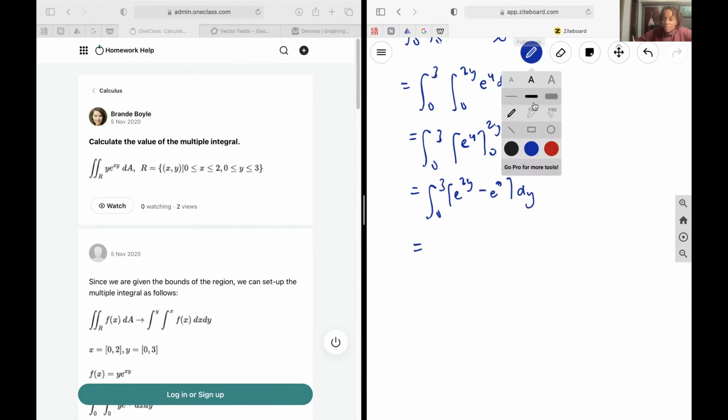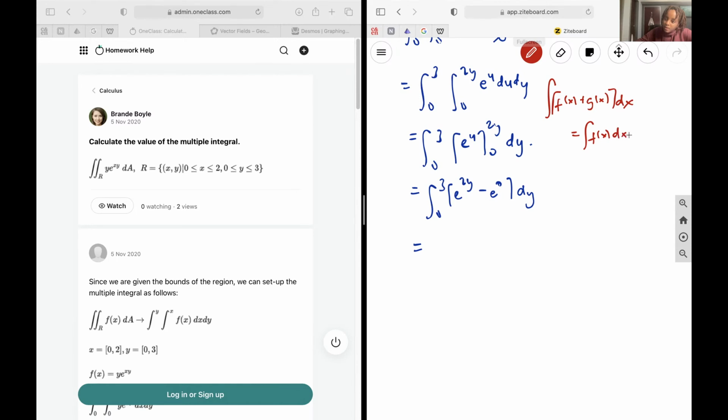We can now split this integral because of the rule that the integral of f of x plus g of x dx is equal to the integral of f of x dx plus the integral of g of x dx. We're going to use that to split this up. e to the power of 0 is 1. So this will become the integral from 0 to 3 of e to the 2y dy minus the integral of dy from 0 to 3.